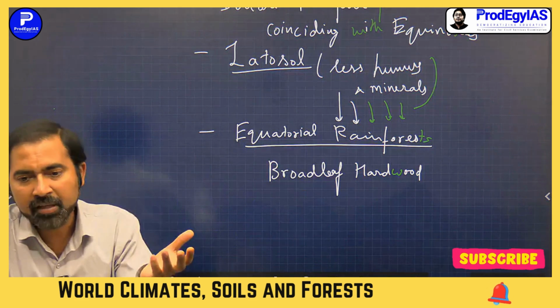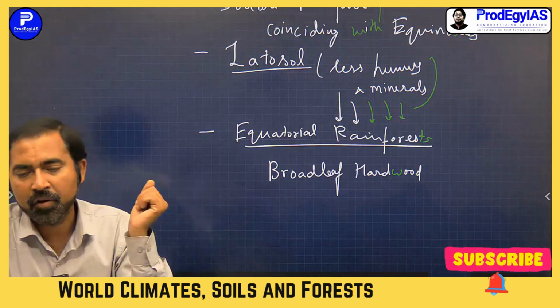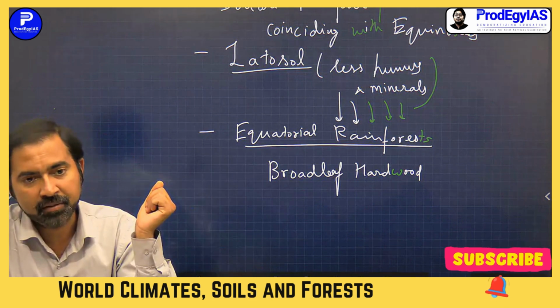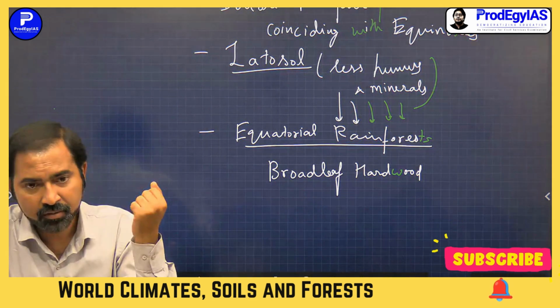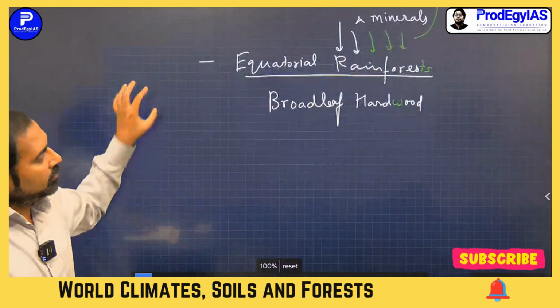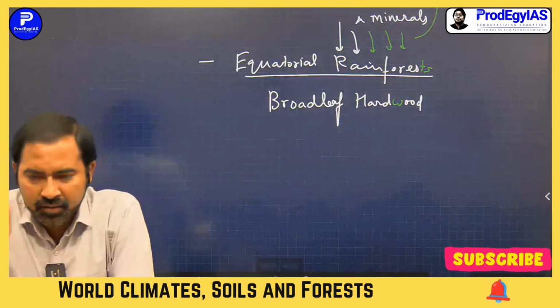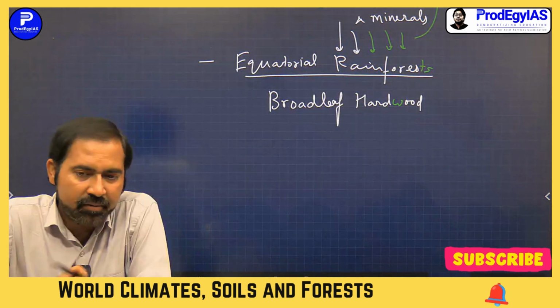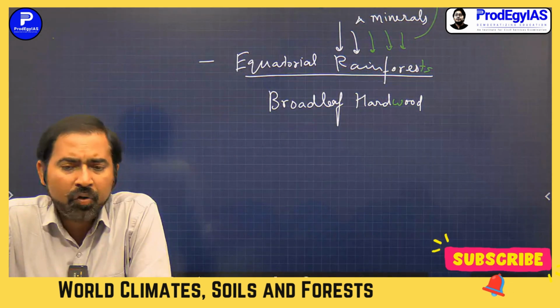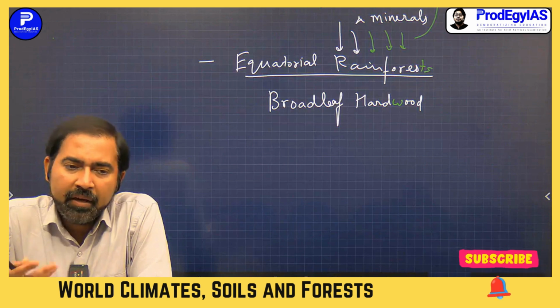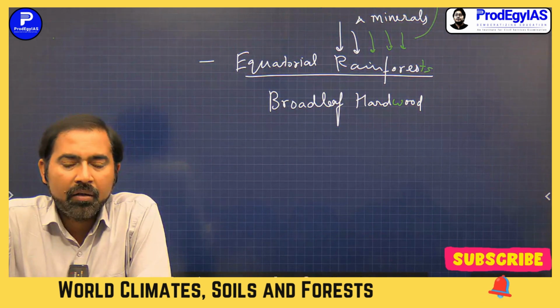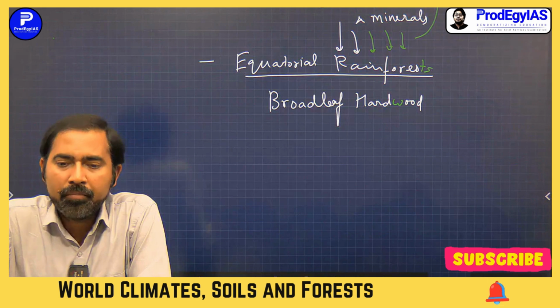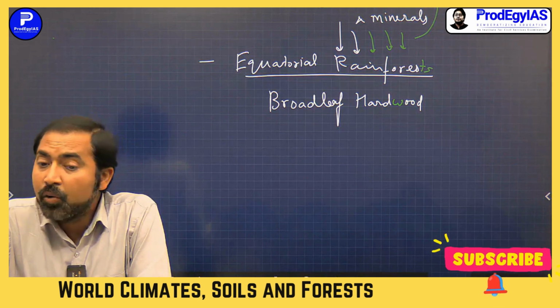So a question may be asked why these regions are not suitable for paper industries, though they have a lot of wood. But the reality is that now these regions are being cleared of these forests, and they are being replaced by palm, like in Indonesia.